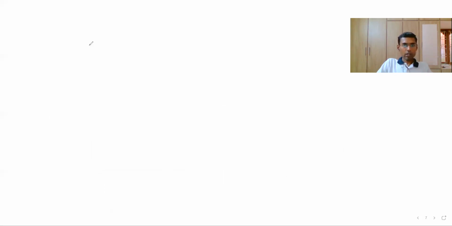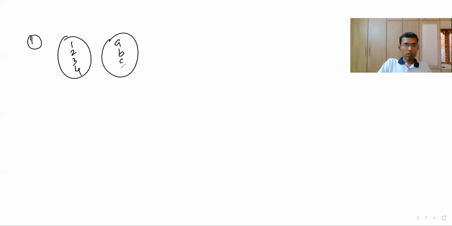So like this we take 1, 2, 3, 4 and A, B, C. Now codomain is B, and range is also B, the total B. This is onto.